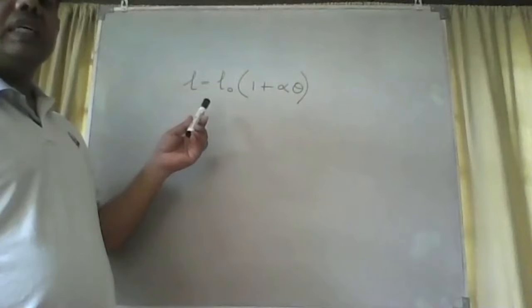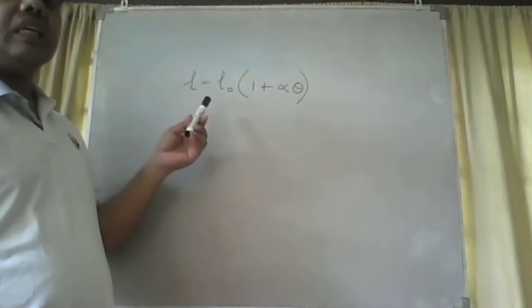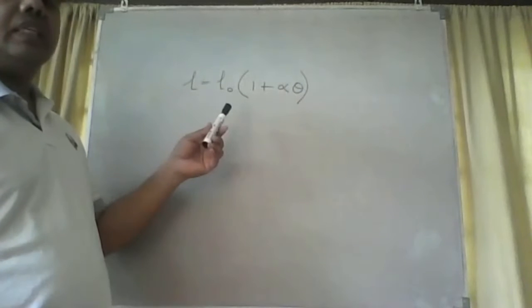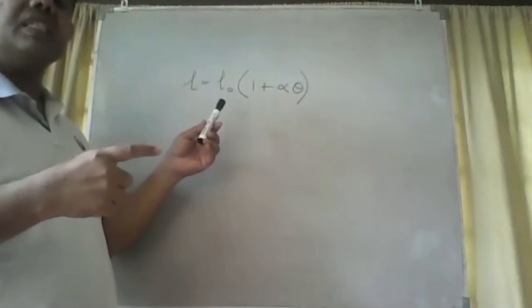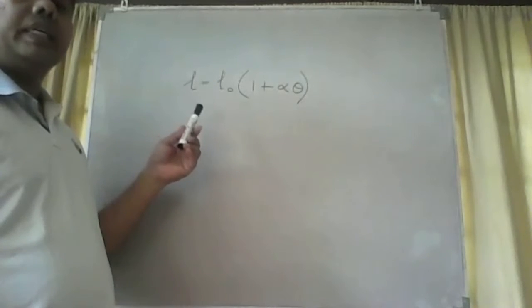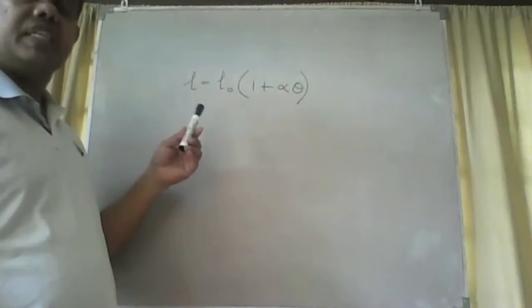Here L naught is the initial length, L is the final length, theta is the temperature difference, alpha is called the linear expansivity.